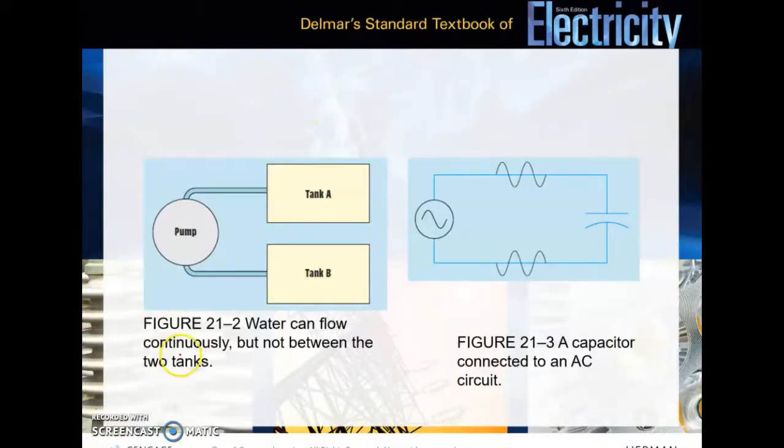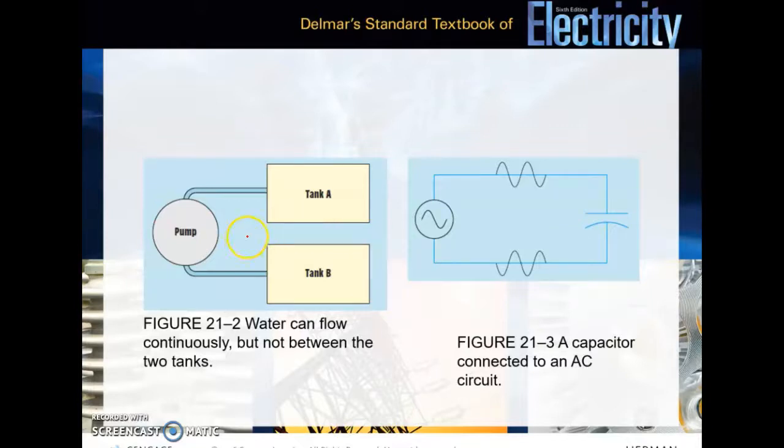So this is an analogy where we have two tanks that are separated from each other, tank A and tank B. The only connection that they have is through this pump here. Let's pretend that tank A is completely filled at time 0, and at time 0 tank B is completely empty.